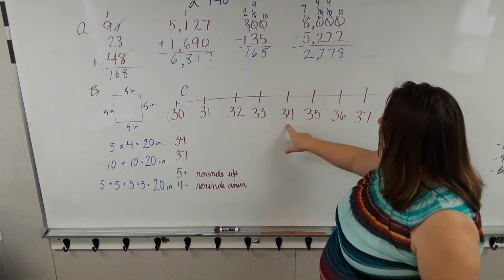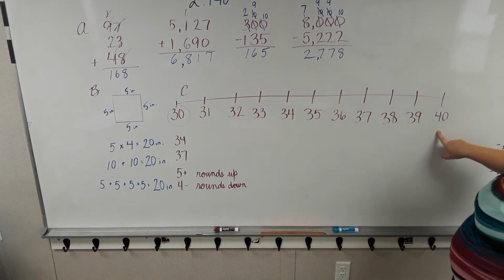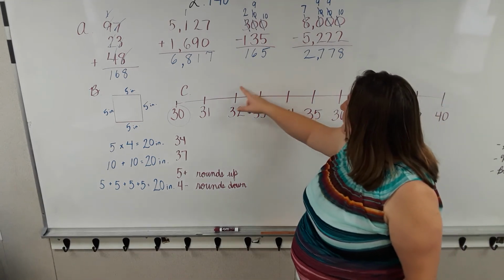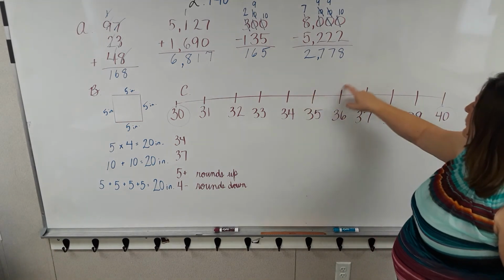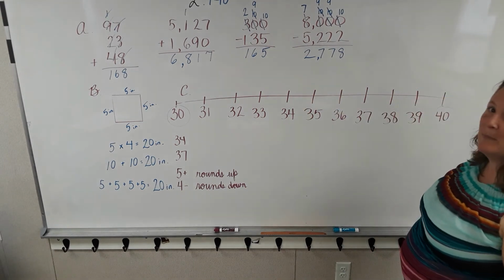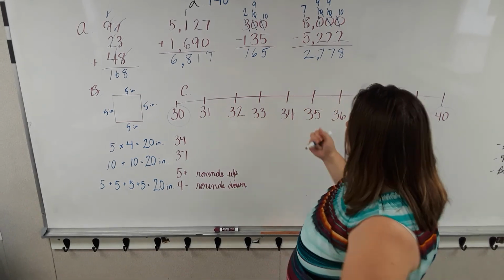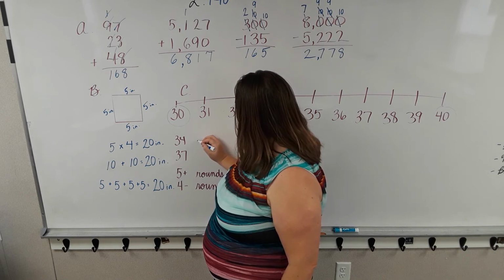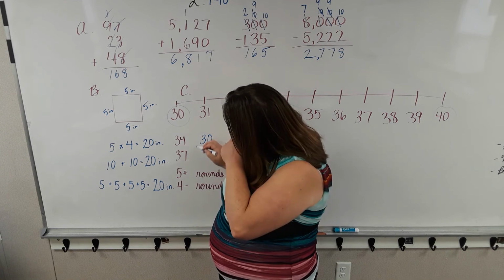Is 34 closer to 30 or is 34 closer to 40? 34, you would have to go back 1, 2, 3, 4 jumps to get to 30. You'd have to go forward 1, 2, 3, 4, 5, 6 jumps to get to 40. It is closer to 30, so we would say 34's nearest 10 would be 30. 30 would be the nearest 10.